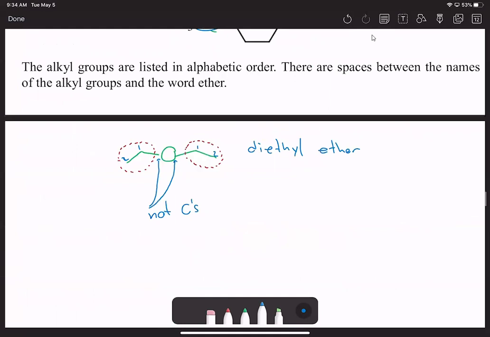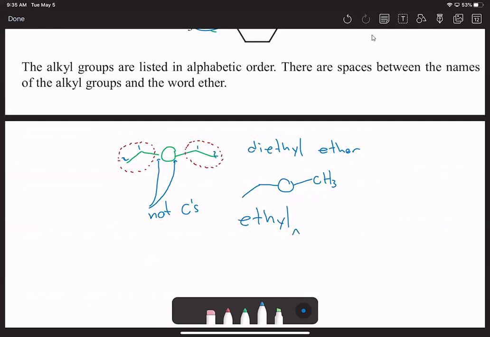So here, let's do another one. How about different groups, right? Here's an oxygen. I'm going to put a methyl on this side, and I'll put an ethyl on this side. And we don't name it right to left, left to right. We just name it alphabetically. Ethyl's going to come first, so we're going to write ethyl. And then I'm going to put a space in here.